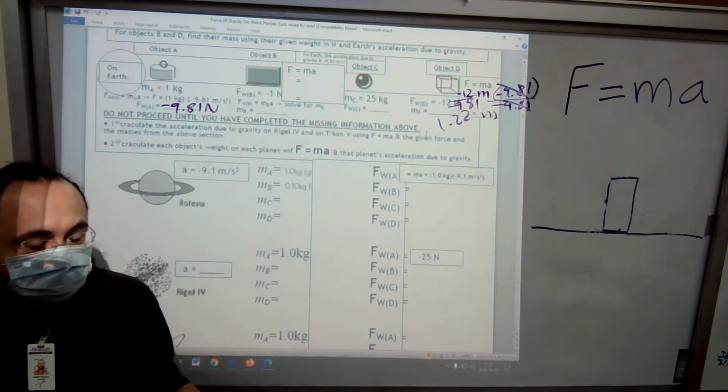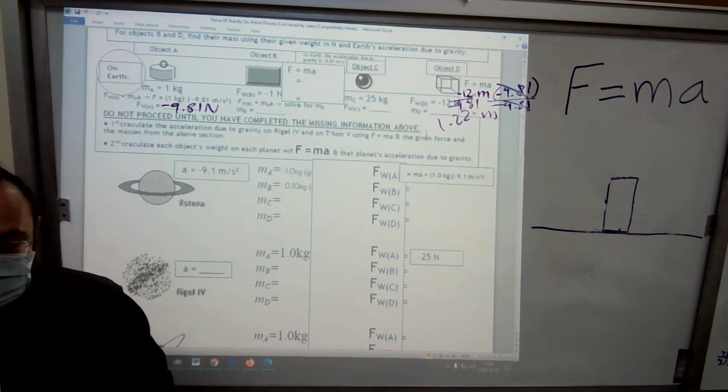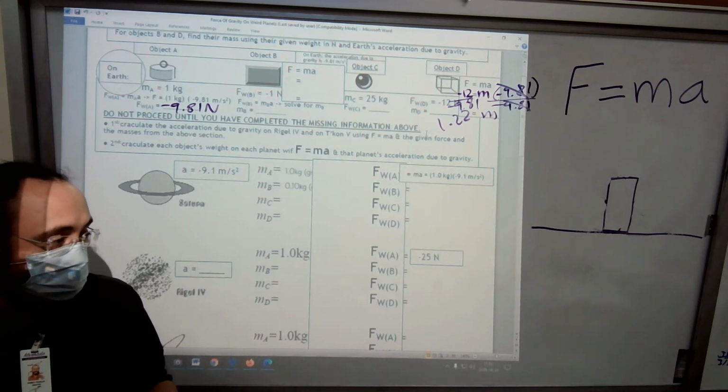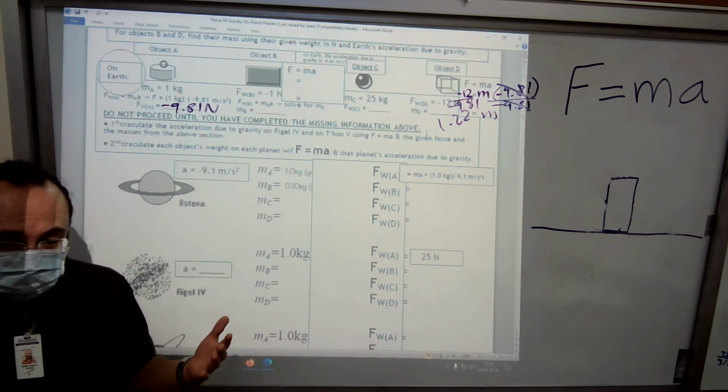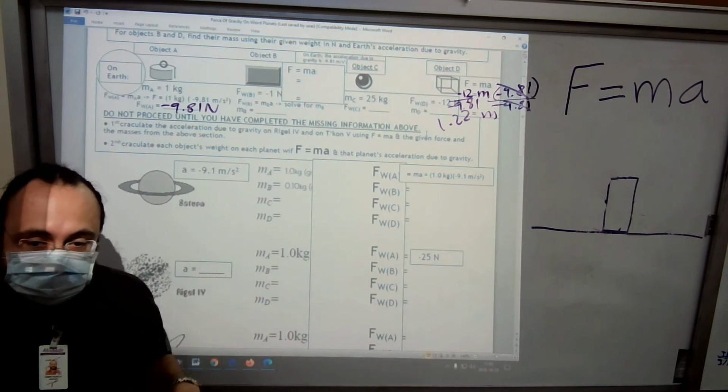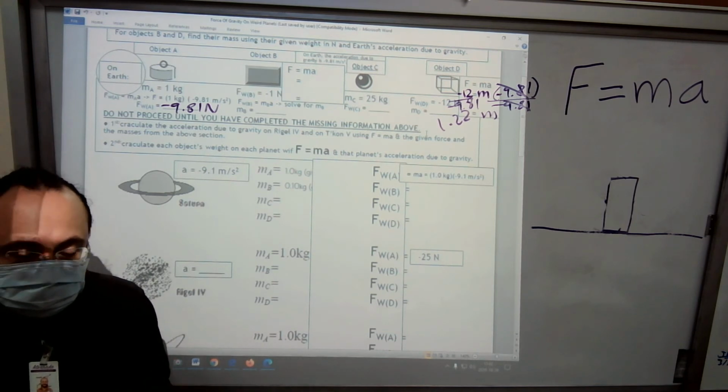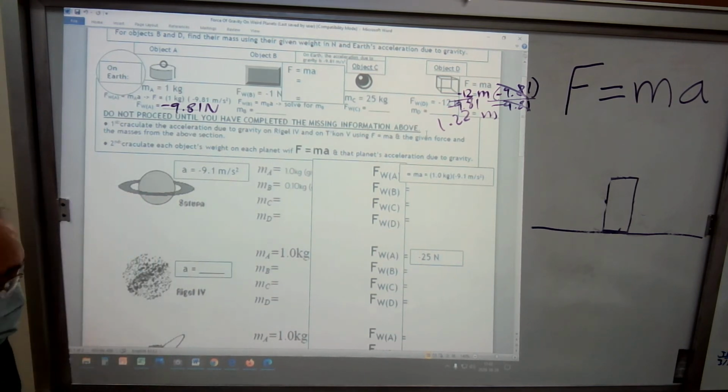If you go to another planet, it's got different gravity. Your mass is the same when you go to that planet, but your weight is different. If you go to Mars, Mars doesn't have as much gravity, so you're not pushing down as hard with your mass, because gravity's not pushing you down as hard.